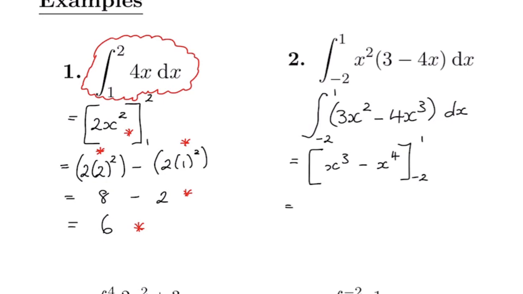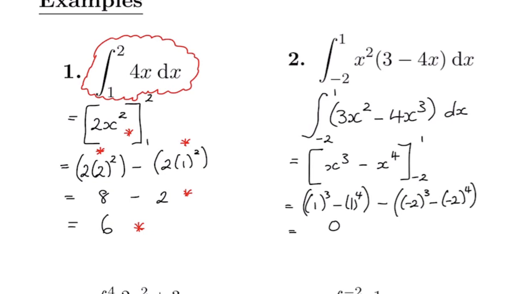Top limit goes in, so I've got 1 cubed minus 1 to the power 4, minus. Now be careful, you're substituting in a negative, so there are loads of negatives flying about. So it's -2 cubed minus -2 to the power 4.